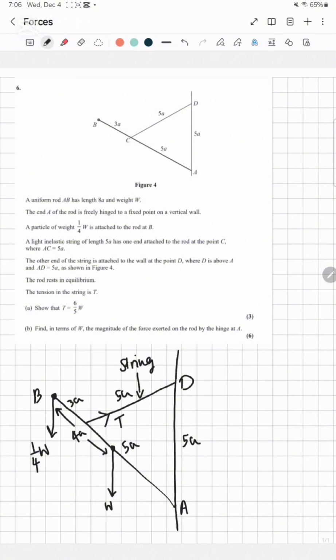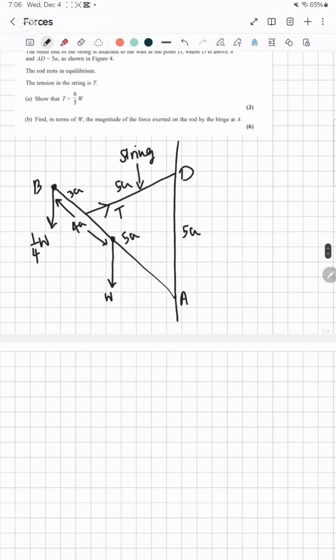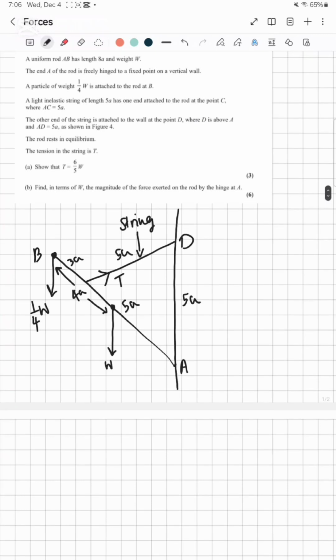And for part B, they've given us the magnitude of the force exerted on the rod by the hinge at A. So you can say there's a force this way, and a force this way. You can call this reaction H because it's the horizontal, and reaction V because it's the vertical.